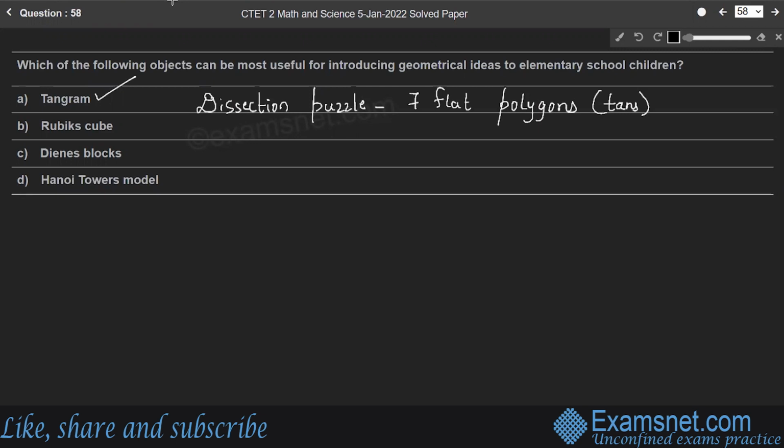The objective is to replicate a pattern, generally found in a puzzle book, using all 7 pieces without overlap. Tangrams can be used for introducing geometrical ideas to elementary school children, where they can gain a stronger grasp of spatial relationships. Students can develop an understanding of how geometric shapes can be decomposed.